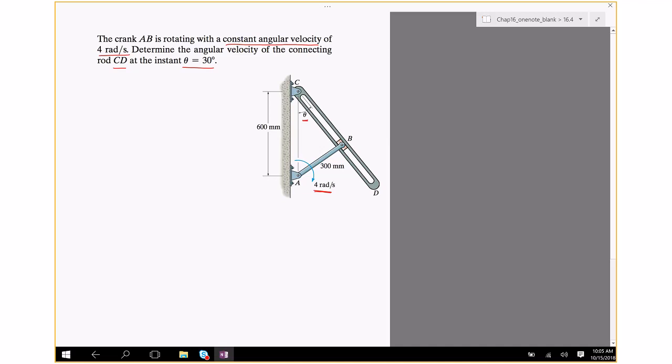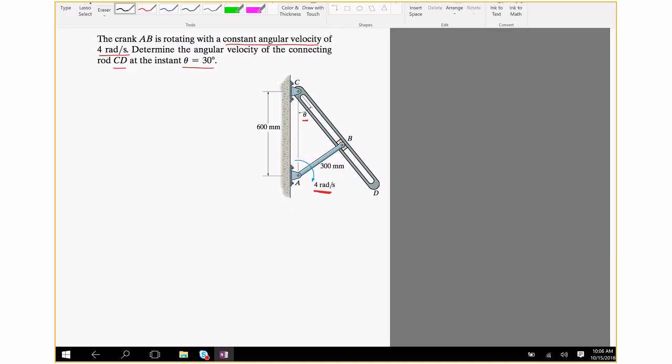Okay, so let's just try to translate whatever is given here in terms of variables. Since we are told how AB is rotating, I'm going to define this angle here as alpha. Okay, and what really is told to you is alpha dot equals, maybe I shouldn't use alpha because I think you might get confused with angular acceleration.